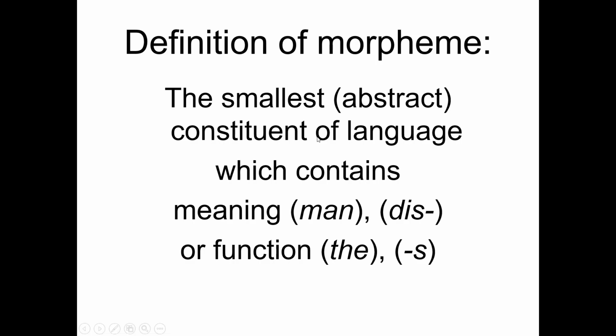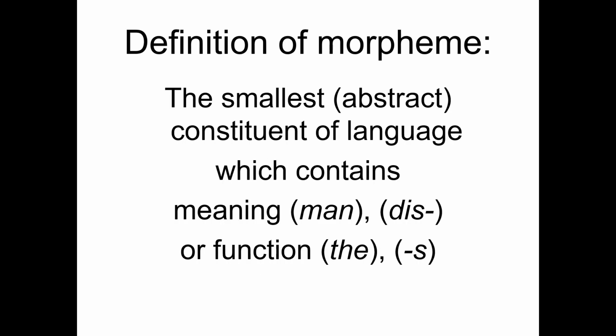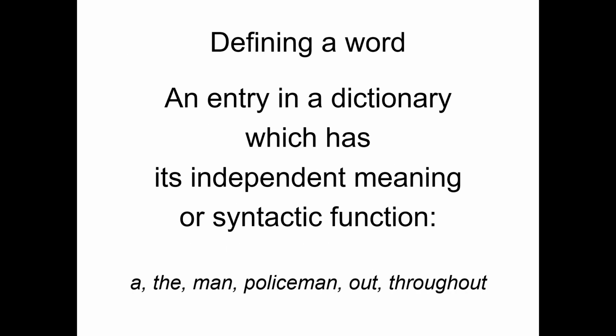Okay, so once again, the difference is between a phoneme, which usually doesn't carry meaning and is one sound in the language, and a morpheme, which does carry meaning or grammatical function, and is the smallest meaningful component of language.